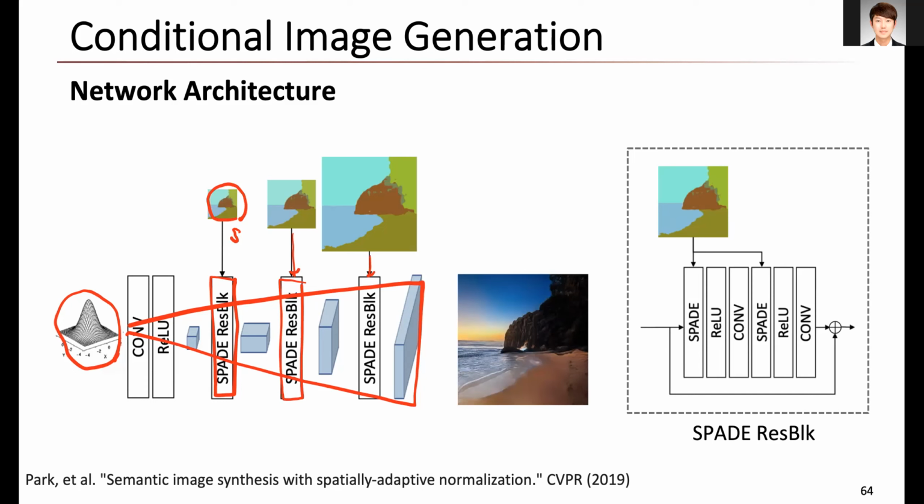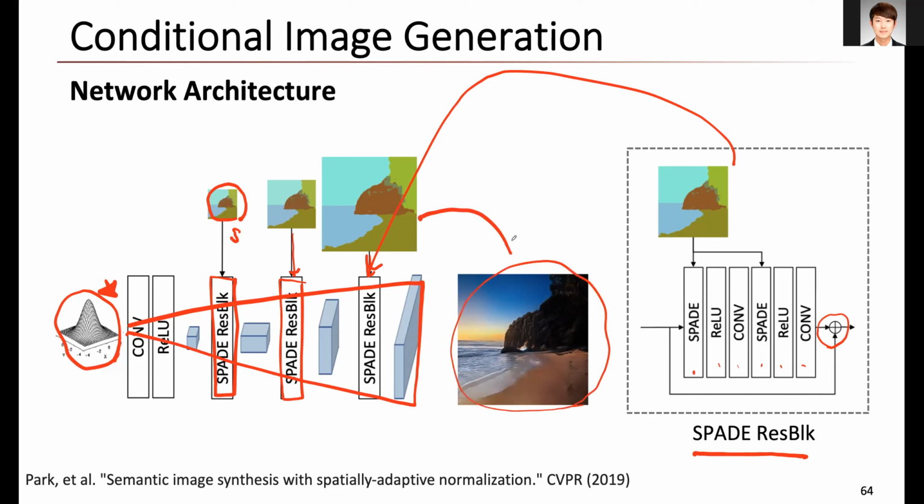And the SPADE ResBlock, consisting of SPADE normalization and ReLU combos, looks like this with a residual block. So this is the detail. Anyway, this is a SPADE ResBlock. Then we start from the latent random noise, and we can generate images conditioned on this label map.